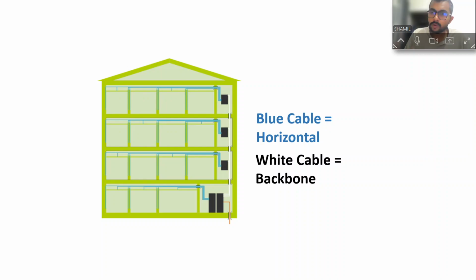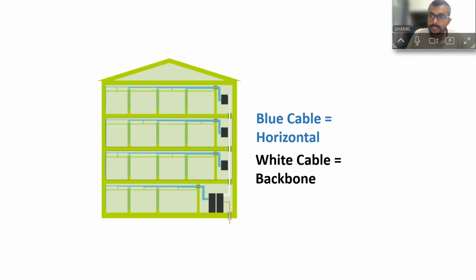In order to gain access to the internet, you take a cat6 cable from the RJ45 socket to your desktop, to your CPU. You normally do the connection like that.